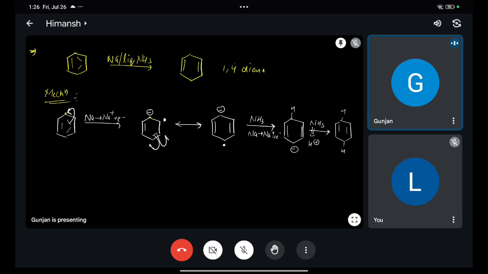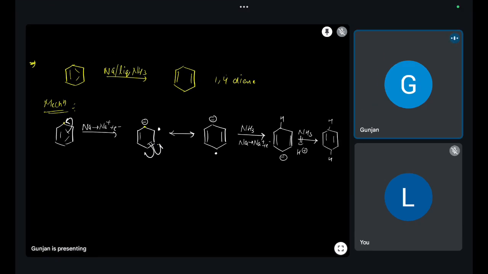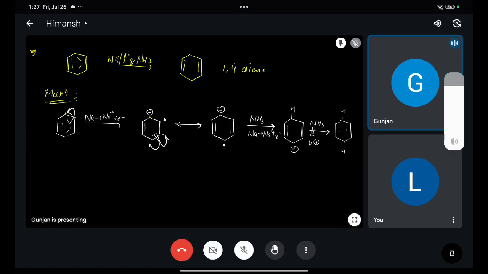Now this radical will do resonance with this double bond. The double bond is breaking homolytically, so we are creating a radical over here and another radical over here. Those radicals create a bond in between, giving a new bond like this, and a new radical will be over here in this position.